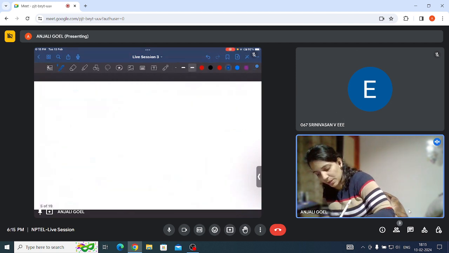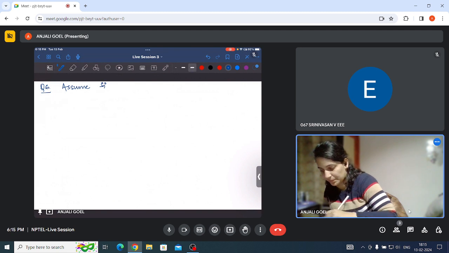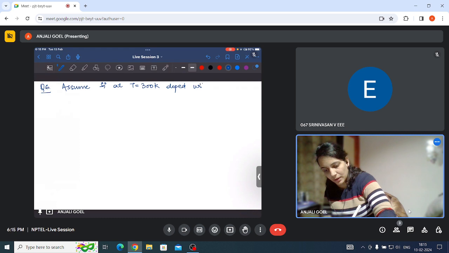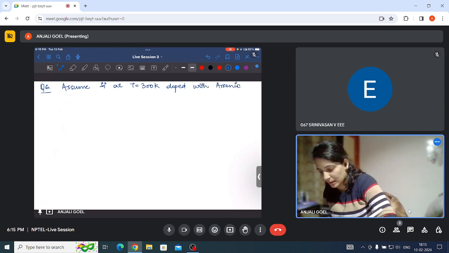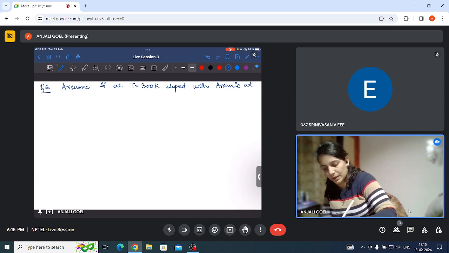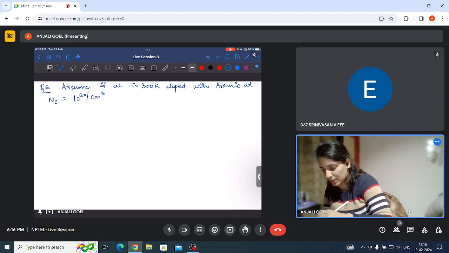Okay, now we'll start with the numericals. Assume silicon at T equals 300 Kelvin, doped with arsenic at Nd equals 10 raised to power 20 per centimeter cube.